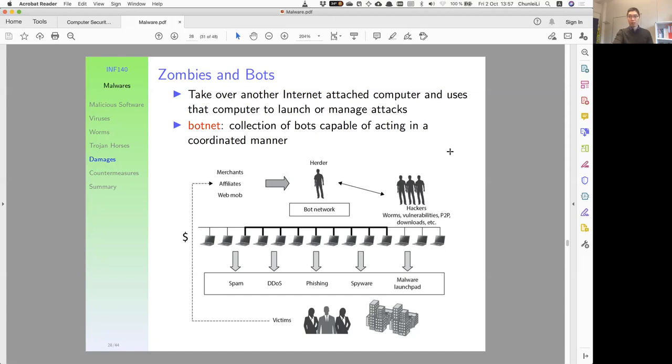As this infection spreads in the internet, it leads to a collection of bots, which is capable of acting in a coordinated manner, called a botnet. Nowadays, a botnet is not developed by a single individual.